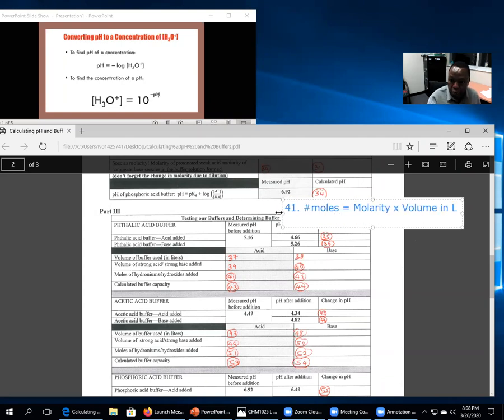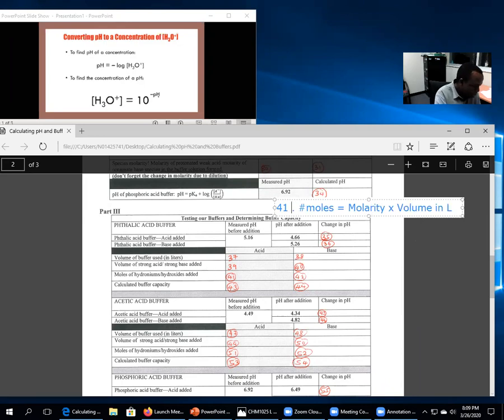Again, this is from step number 3 on page 146. You know the molarity of the strong acid, that is hydronium. Hydronium is the HCl. Hydroxide is the sodium hydroxide for line 41 and 42.